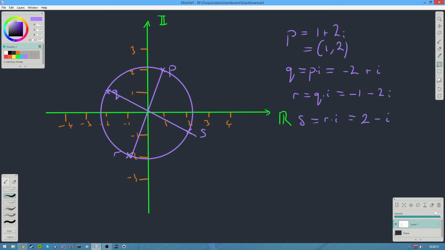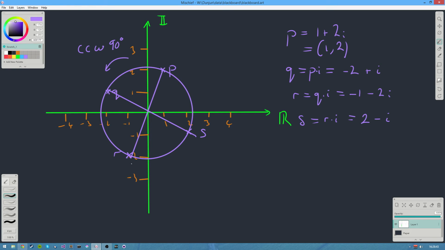So all of these numbers, going from p to q to r to s, I've multiplied by i every time, and they've been rotated counterclockwise by 90 degrees. So every time we multiply by i, we rotate by 90 degrees in the complex plane. And that's pretty useful. And again, we've kept the length the same.